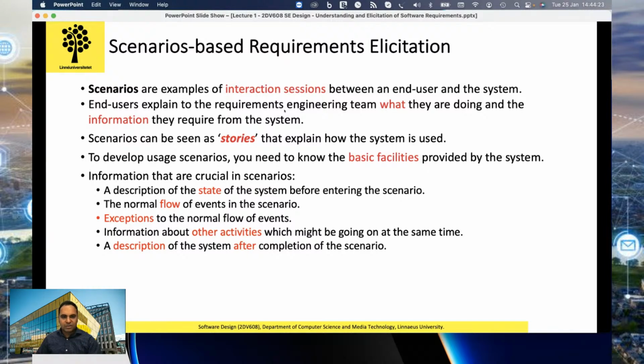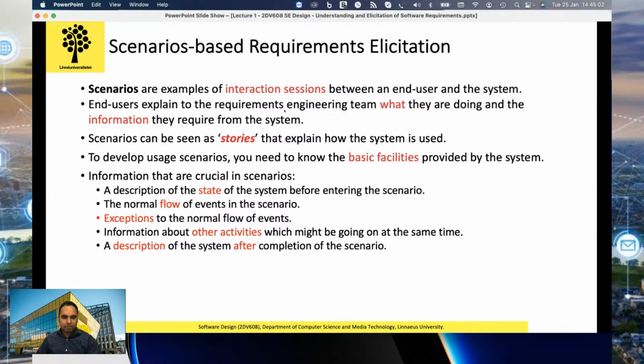So the information in the stories or scenarios that is crucial includes the state of the system before and after the interaction, the flow of events, so what will happen with each input data, any exceptions that might happen due to normal or abnormal input, information from other activities, like if there are any parallel activities going on, and also a description of the system after the story or scenario is completed.